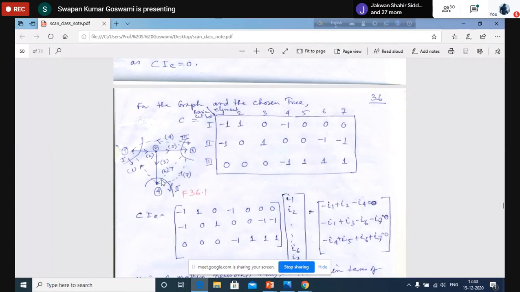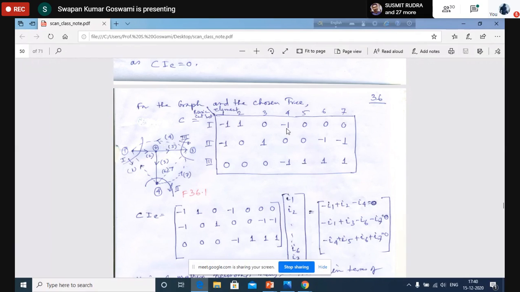Element number 4 is present in cut set 1 and also in cut set 3. In cut set 1, the direction of element 4 is opposing the direction of cut set 1. And the direction of element 4 is again opposing the direction of cut set 3.